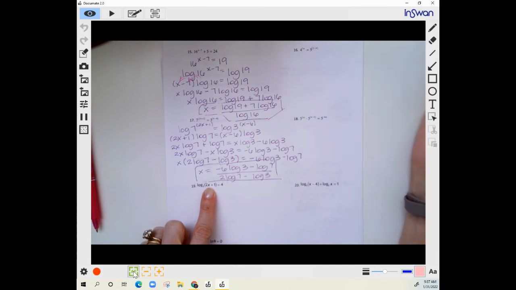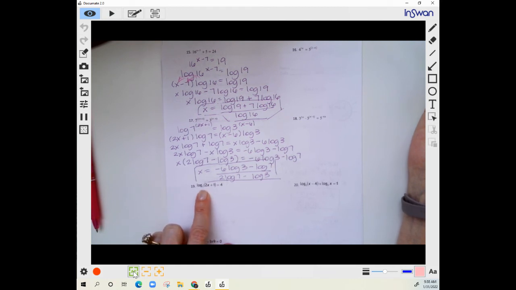That doesn't happen with exponential equations. So when solving a logarithmic equation, you do want to substitute your answer back into the original equation and make sure that you don't have an invalid base or an invalid value next to your log, meaning that the base can't be 0 and it has to be positive, and this also has to be positive.